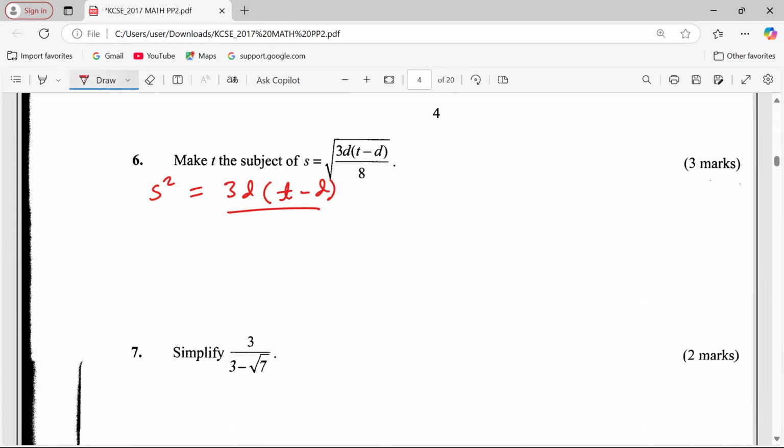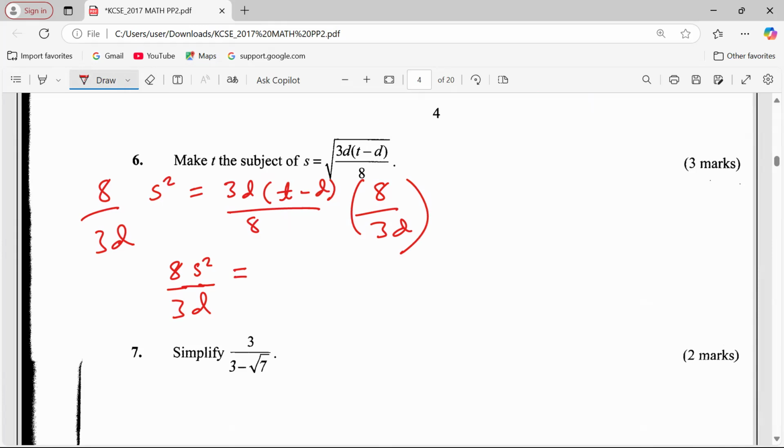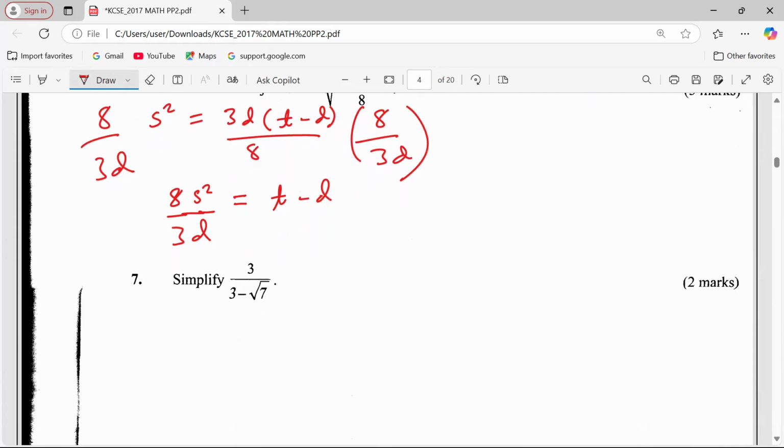Let me write it this way. So 3D over 8, we multiply both sides by 8 over 3D. So it will be 8 S squared over 3D equals T minus D. And now we want to remain with the T alone.